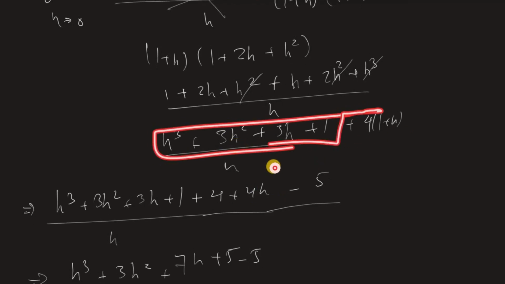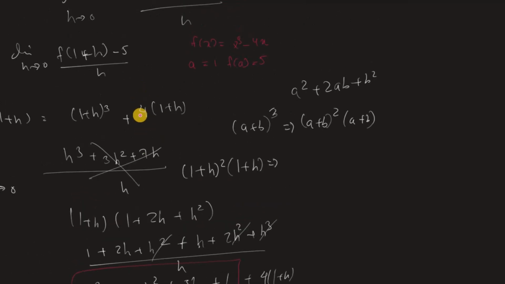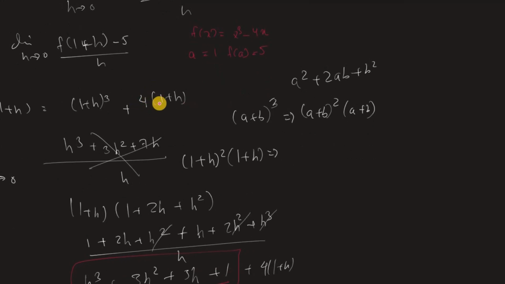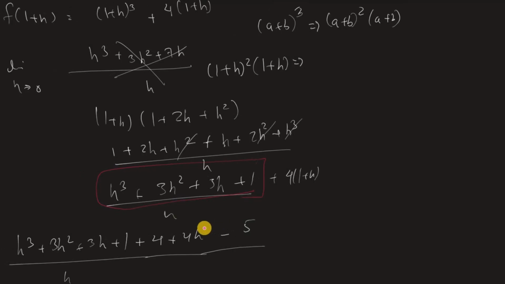After I was done subtracting the like terms, I added the part I was talking about that we have to take care of, 4 times (1 plus h). We're going to add it later.